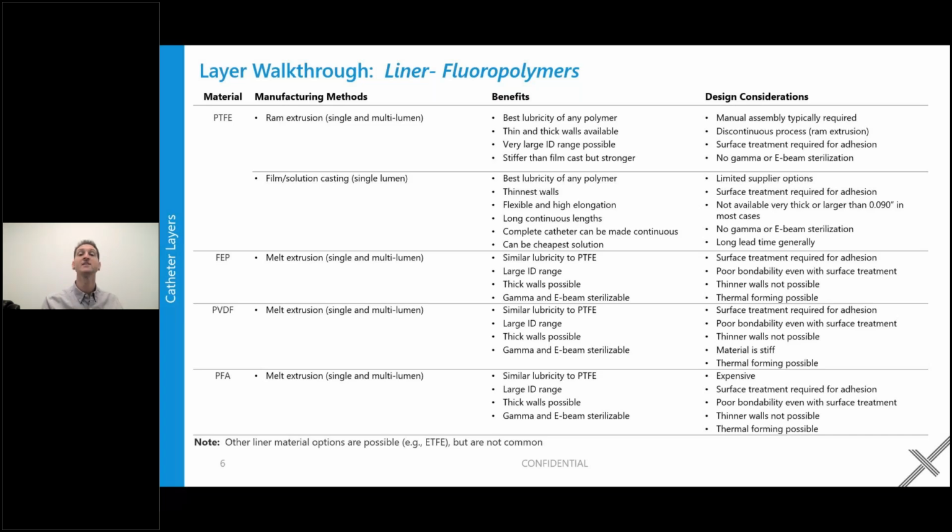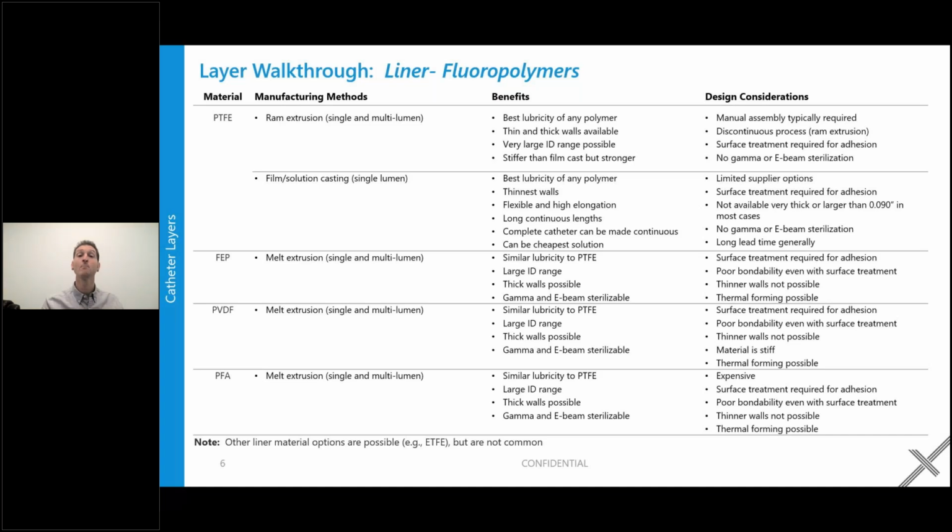And then it's limited in size because it has to go over a core. That's a continuous process. That core has to pass over rollers and pass through the process. And really you're limited to about 90 to 100 thou. There's some companies that are kind of pushing the limits of that with different types of core materials. But in general, you're talking about less than 90 thou in diameter for the ID of the liner.